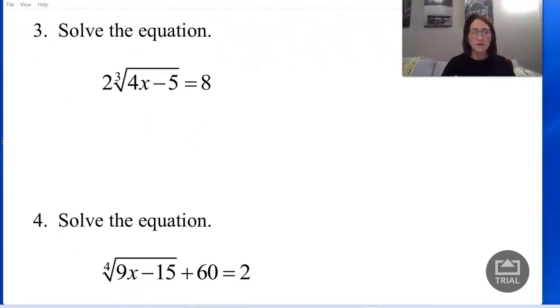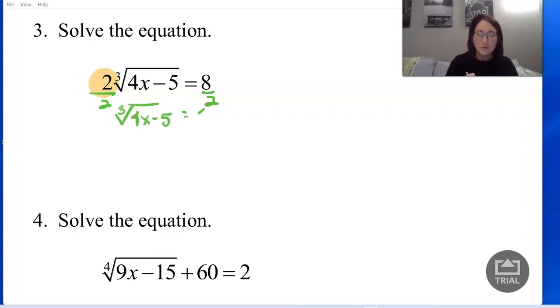For this one, I have this 2 that's out front. So the very first thing I need to do is isolate that radical. So I'm going to divide both sides of my equation by that 2. Then I'm left with the cube root of 4x minus 5 is equal to 4.